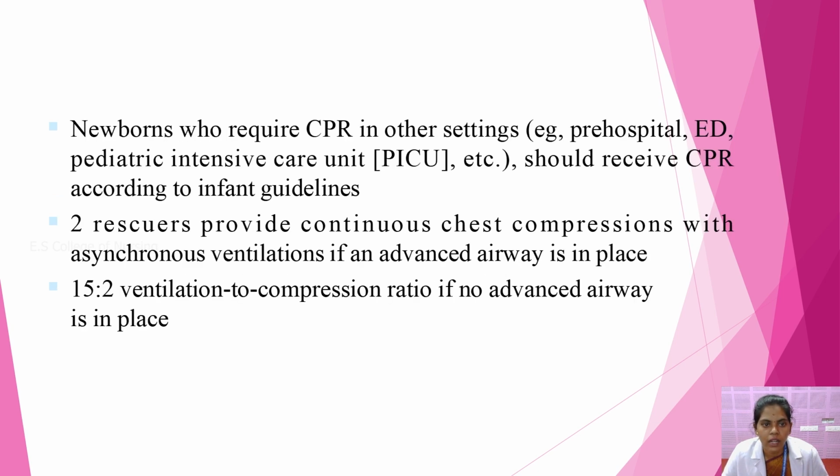Newborns who require CPR in other settings, for example pre-hospital and pediatric intensive care units, should receive CPR according to the infant guidelines. Then with two rescuers, provide continuous chest compressions with ventilations if an advanced airway is in place. The ratio is 15:2 compression to ventilation if no advanced airway is in place.